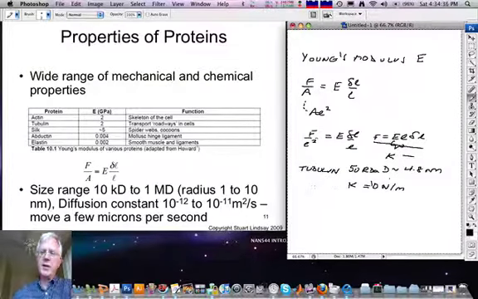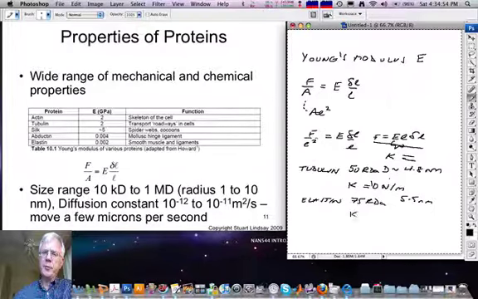If we take this softer elastin, from its molecular weight of 75 kilodaltons, we would estimate a diameter of about 5.5 nanometers. Putting this into this formula here for K then produces a spring constant of around about 0.01 newtons per meter.